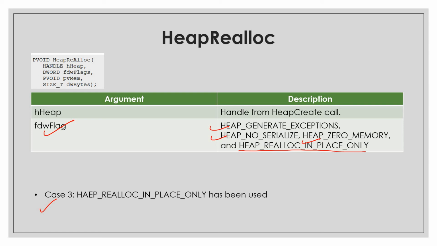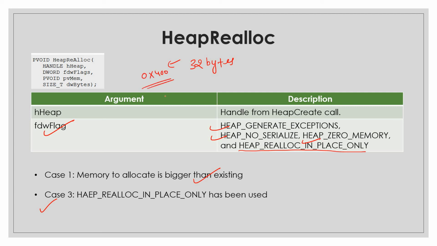So let's see the different cases for reallocating the memory. The very first case is when the memory to allocate is bigger than the existing. What does this mean? Suppose you allocated a memory block of 32 bytes at the address 0x400. Now you want to reallocate this memory area with a new size of 40 bytes. In this case there are two possibilities.